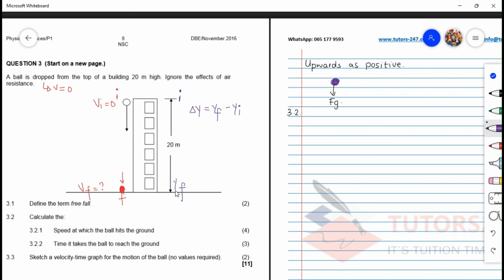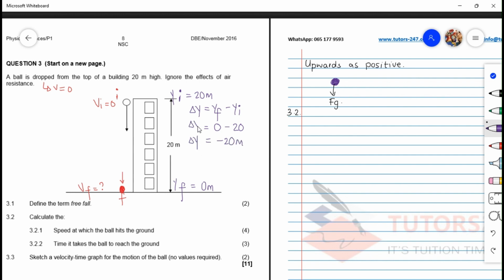Now, we know that when our object hits the ground, it's 0 meters above the ground because it's on the ground. And when the object is dropped, it is dropped from a height of 20 meters. Therefore, our displacement is going to be our final position, which is 0, minus the initial position, which is 20. And that is therefore equal to negative 20 meters.